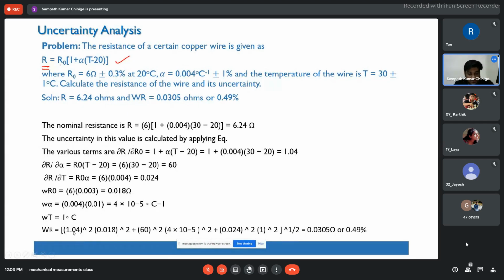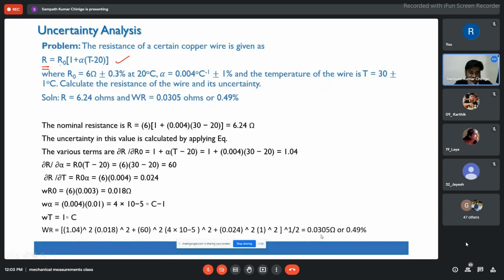So dou R by dou R naught square into omega I square, plus dou R by dou alpha square into the deviation square, that is 4 into 10 power minus 5 whole square, plus dou R by dou t square, which is nothing but 0.024 square into omega t is 1 square, under square root will give you 0.0305 ohms.